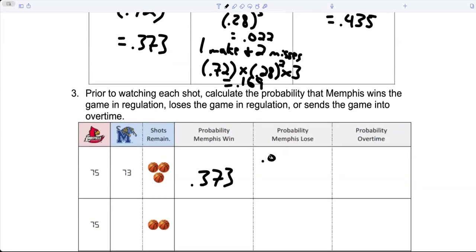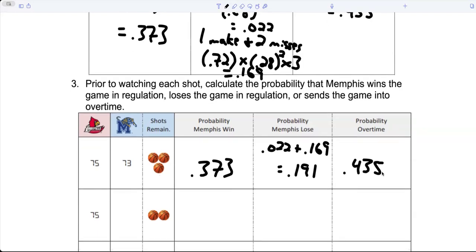So we got 0.022 plus 0.169. That's going to give me 0.191. So about a 19% chance that they lose. And the probability that they go to overtime is going to be 0.435. We found that. So about a 37% chance they win, about a 19% chance that they lose, about a 44% chance that they tie and they go to overtime.